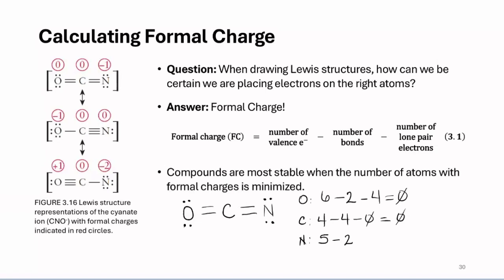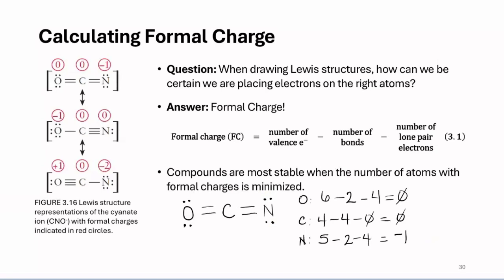Nitrogen has 1, 2, 3, 4. Minus 4. So when we do 5 minus 2, that's 3. 3 minus 4, that is -1. So that's why the values that we saw here of 0, 0, -1, this is where they come from.